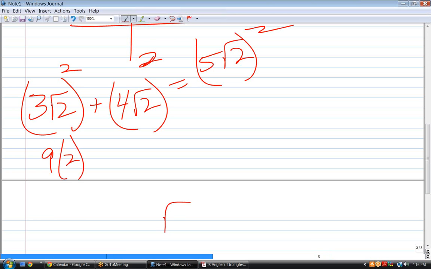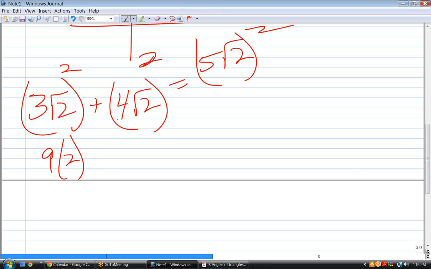In other words, square root of x times square root of x is always equal to x. No matter what it is, square root of 5 times square root of 5 is equal to 5. Square root of 17 times square root of 17 is equal to 17. So when you take the square root of a number and multiply it by itself, you get that number.